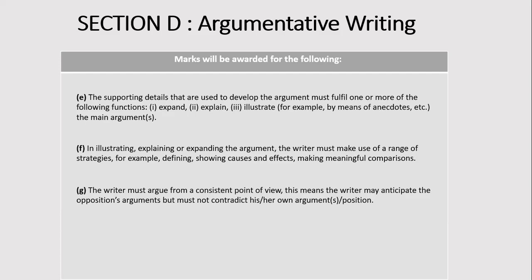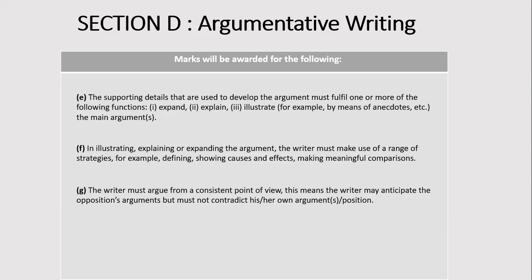TEE, remember that when we are doing any type of writing, any type of arguments, right? In illustrating, explaining, or expanding the argument, the writer must make use of a range of strategies. So you must be able to give examples, you must be able to define, show cause and effect, make meaningful comparison.